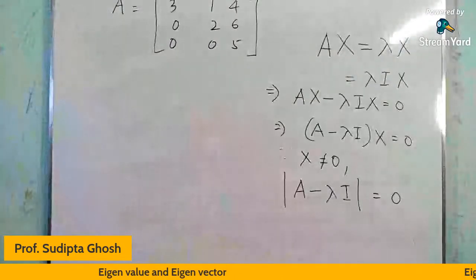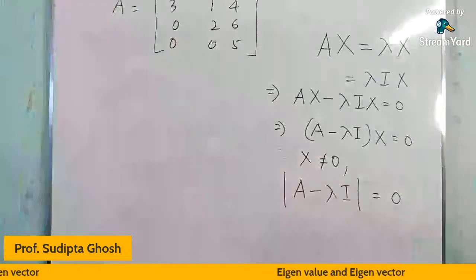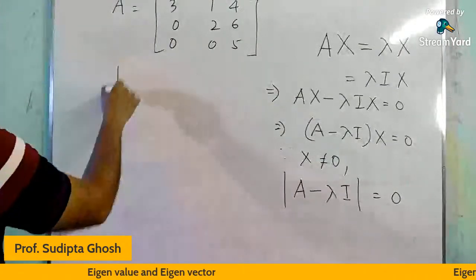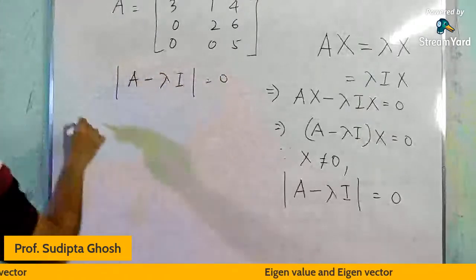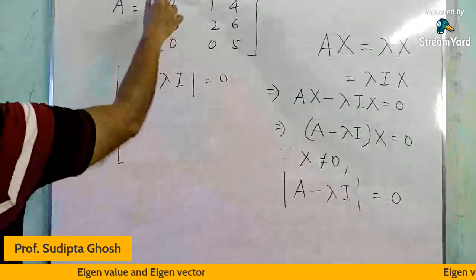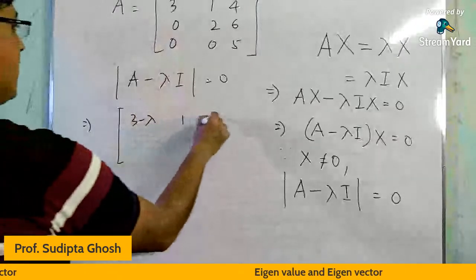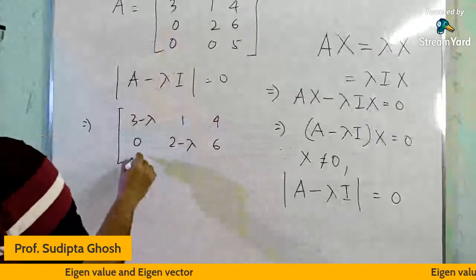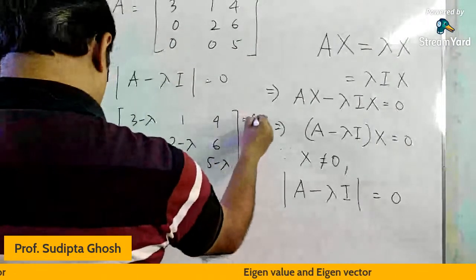First of all we have to find A minus lambda I. So it will be 3 minus lambda, 1, 4, 0, 2 minus lambda, 6, and 0, 0, 5 minus lambda equals to 0.